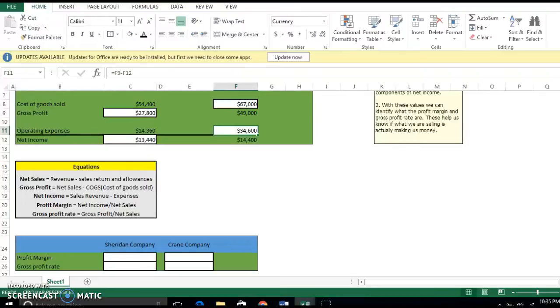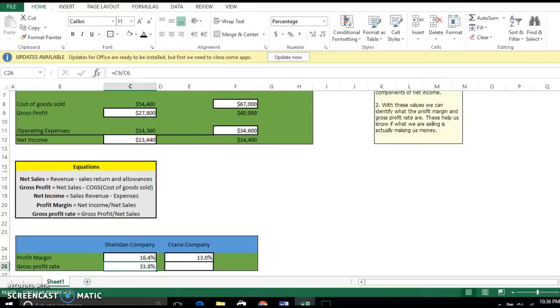So for the profit margin, the equation is net income divided by net sales. And so for Sheridan Company, when we divide net income by net sales, we get 16.4%, rounded to one decimal place. And then for Crane Company, we get 13%.